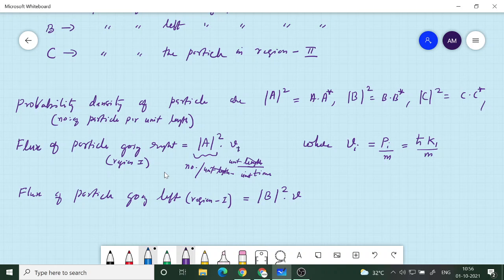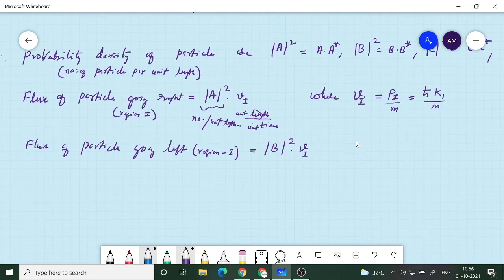Here also I am putting the velocity in region 1, which is momentum h cross k1 divided by mass. That will be the same velocity, because it is decided by k1 only, and k1 is the same for both right moving and left moving waves in region 1.